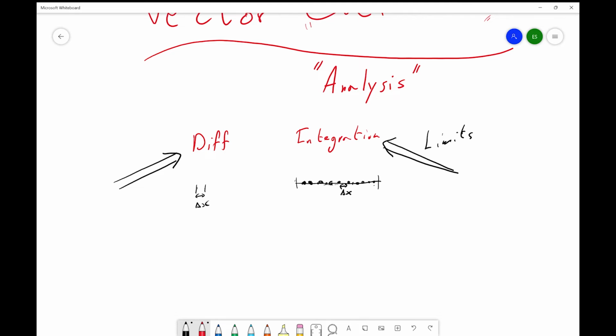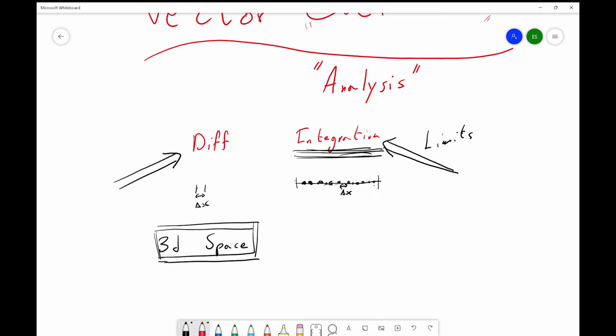Now, for electromagnetic theory, we want to develop the theory of vector calculus, which is a theory of calculus in 3D space. And from the point of view of 3D space, it turns out it is easier to enter into calculus from the integration point of view. It's much easier to start with integration and then use integration to develop differentiation.